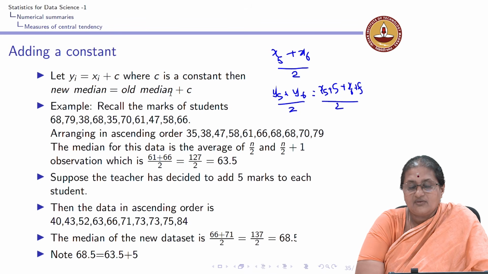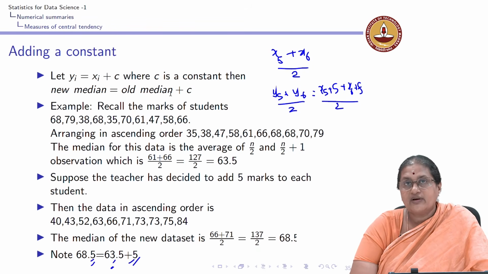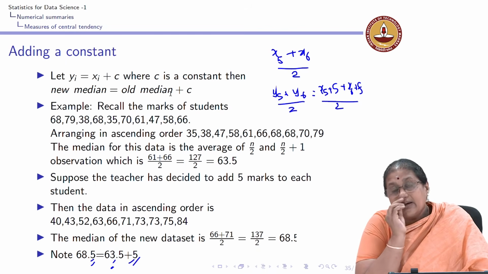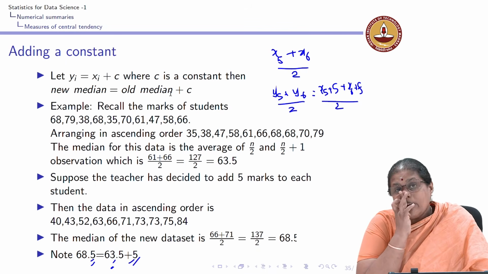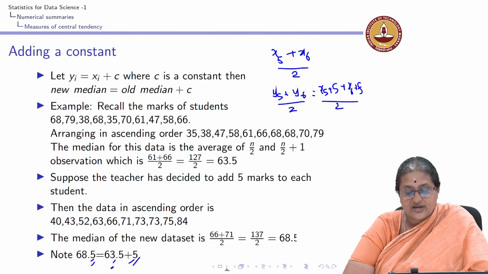So the new median is x5 plus x6 by 2, which is my old median, plus 5. So 5 is the constant, and old median plus 5 is my new median. Whenever I am adding a constant, the new median is your old median plus the constant.